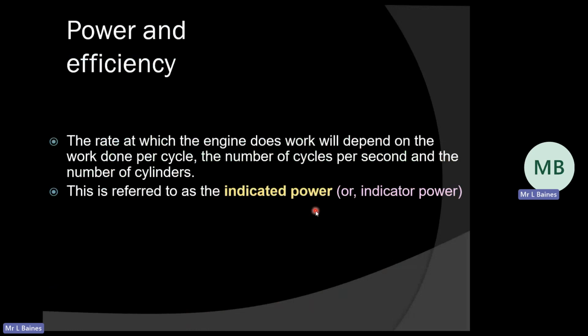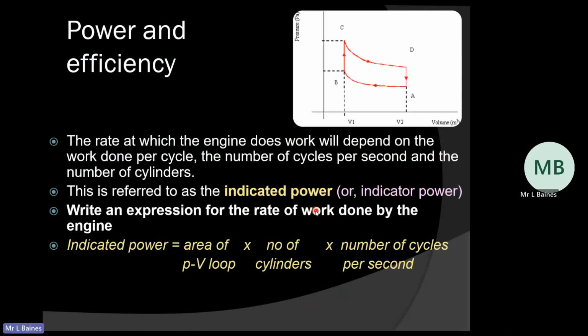I'm working it out using that indicator diagram, the area of that graph, all right. An indicated power is the area of my PV loop, okay, so the area of that PV loop multiplied by the number of cylinders, which makes sense, okay, so this is for one cylinder. If I've got 6 cylinders on the go, I need to multiply it by that number of cylinders.